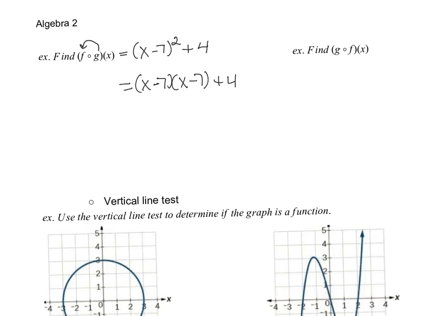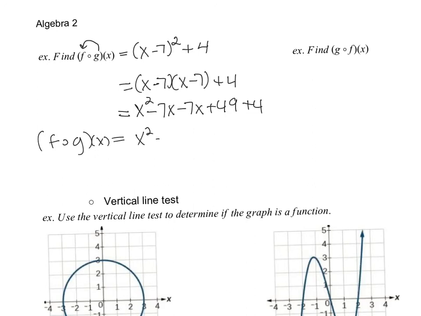When we distribute the x minus 7 to the x minus 7, we end up with x squared minus 7x minus 7x plus 49. And then we still have our plus 4. So combining like terms, we're going to get f of g of x equals x squared minus 14x plus 53.